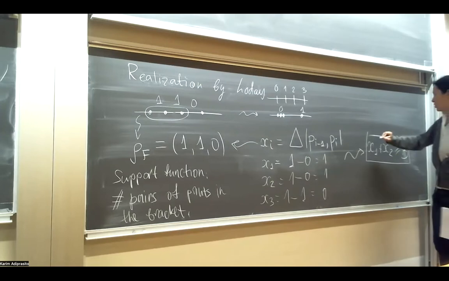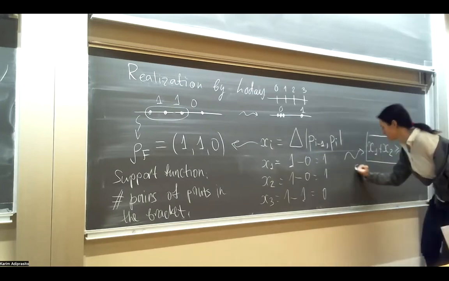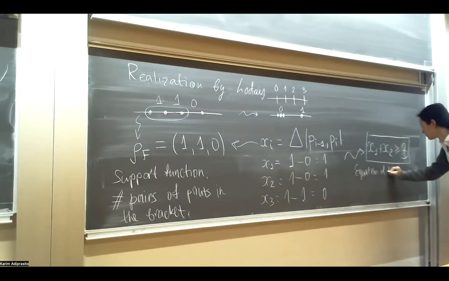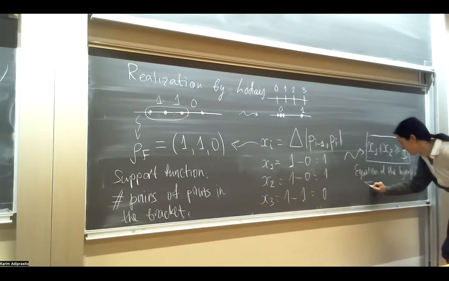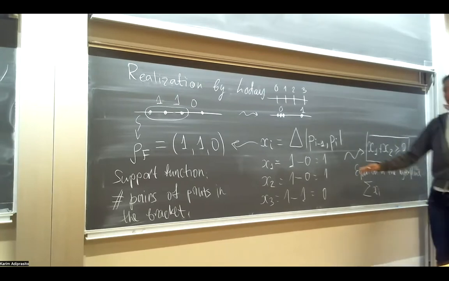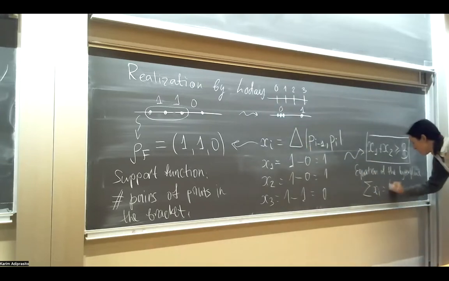And additionally, you have the equation of the hyperplane, which just says that the sum of all the coordinates is equal to, well, still the number of pairs of points, but of all the points.